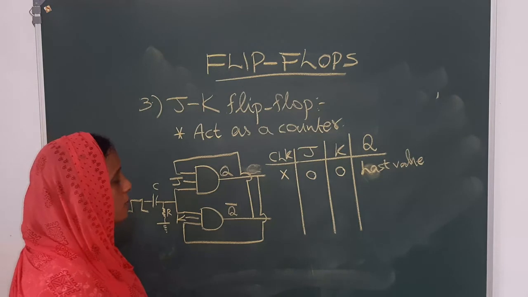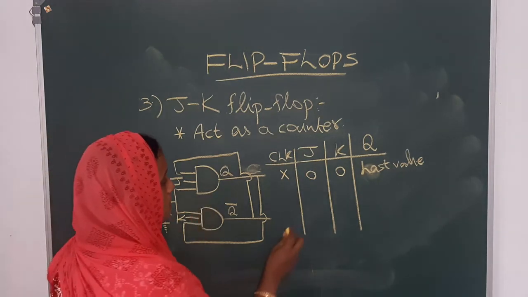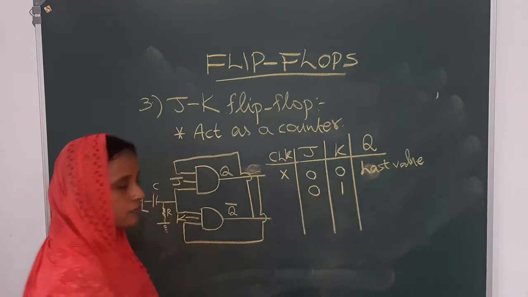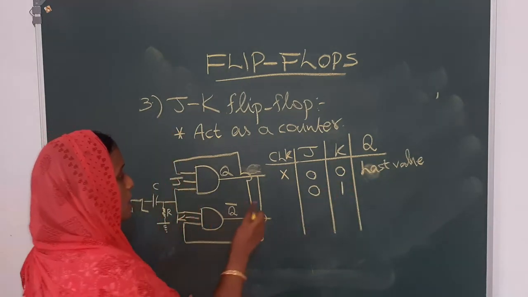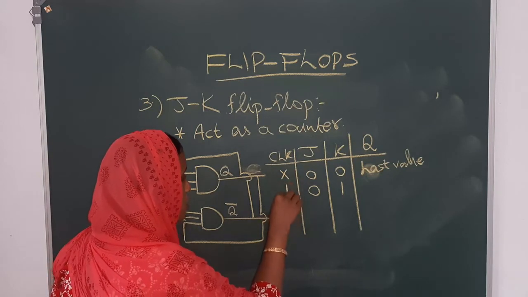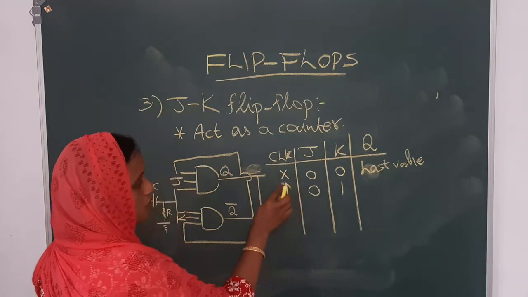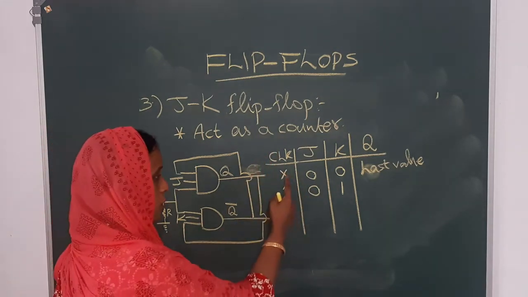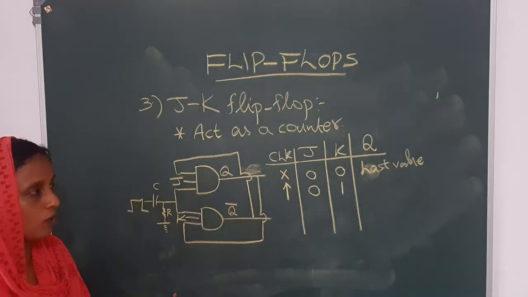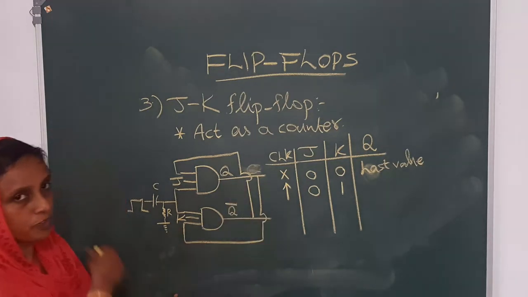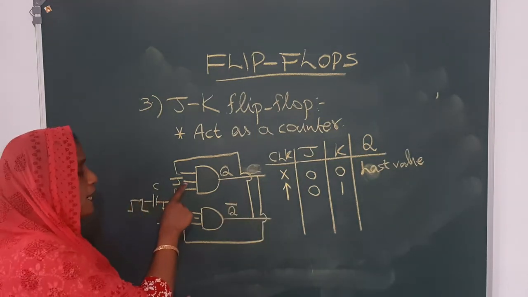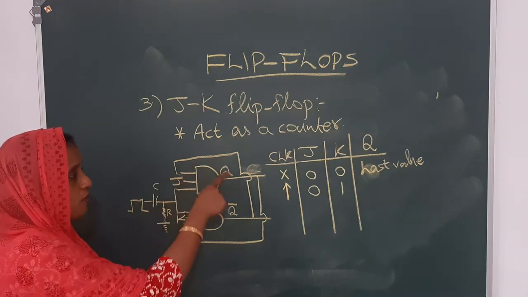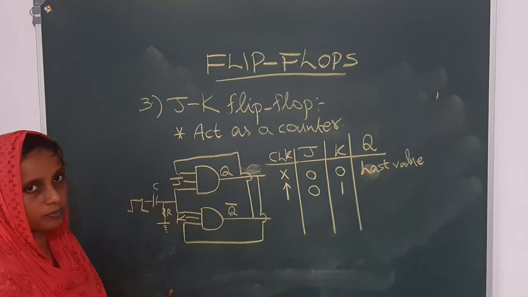Now, suppose we change these inputs to the next combination, 0 and 1. All other combinations work only for positive clocks. That is what we meant by the arrow pointing upward, positive clock signal. In this case, this J input is 0, so whether the clock is positive or negative, this gate is disabled.